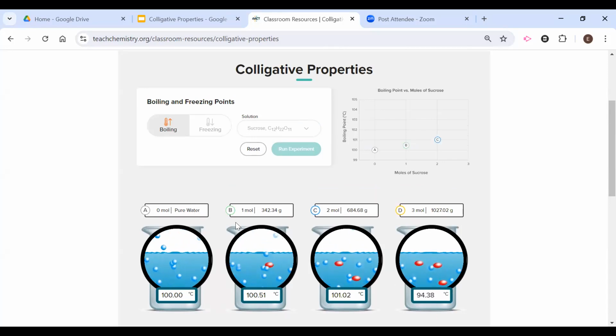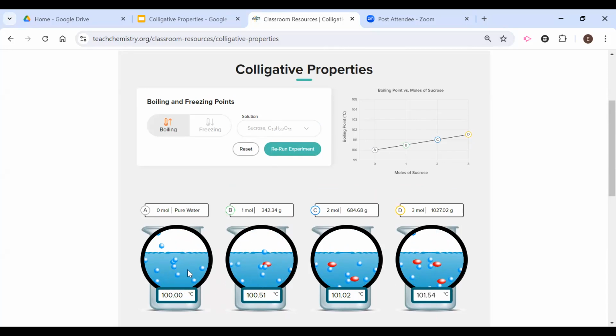This is pure water. This is 1 mole of sucrose. 2 moles of sucrose, 3 moles of sucrose. What is your observation? Look at here. The boiling point is increasing.